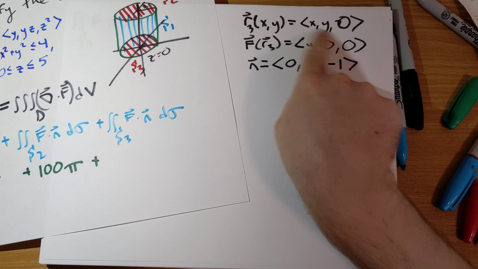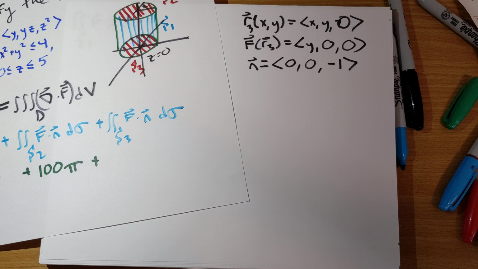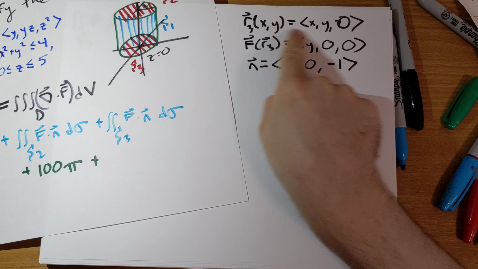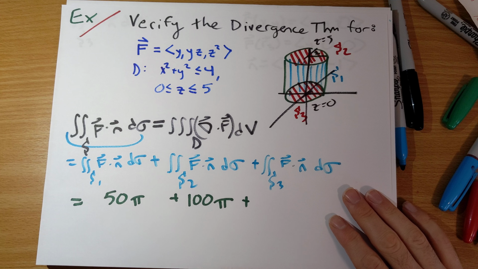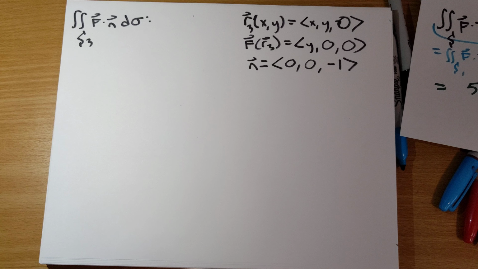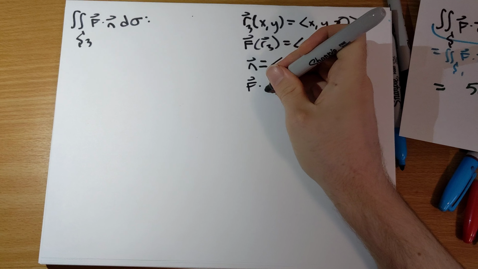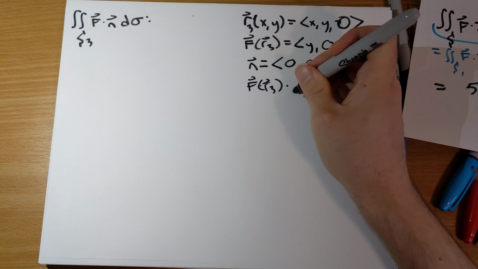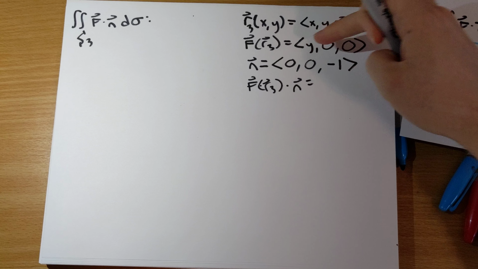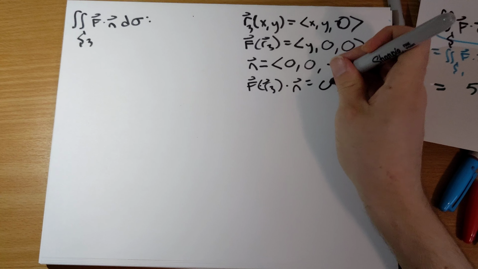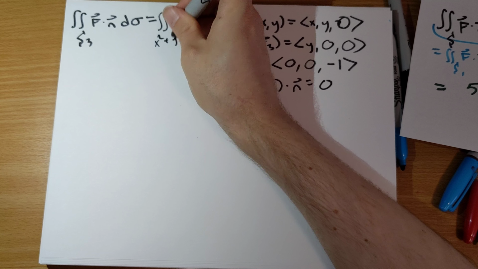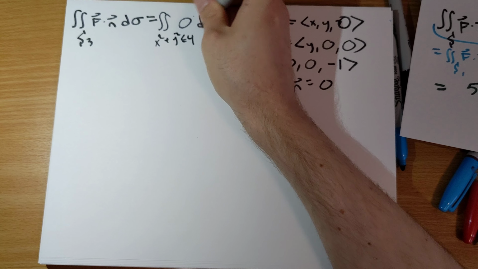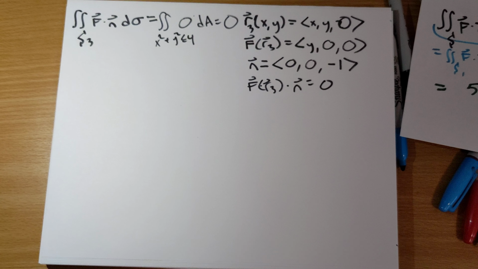Of course, if you don't believe me, just crunch out things, find the normal vector from scratch from R3 of x, y. But make sure that you have it pointing straight down. Okay, and what is F of R3 dot N? 0 times y plus 0 times 0 plus 0 times negative 1. That's just 0. So we're integrating over some region x squared plus y squared is less than or equal to 4. We're integrating 0, and we get 0.